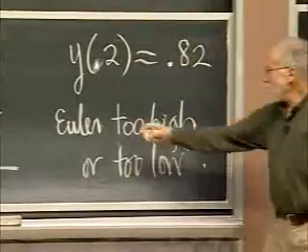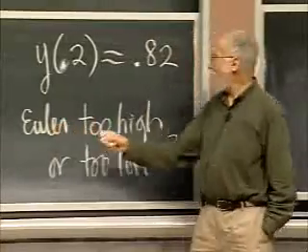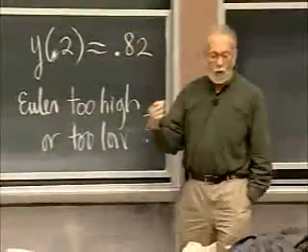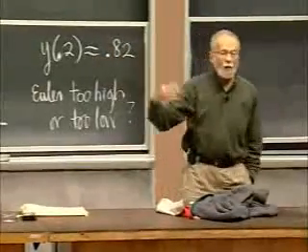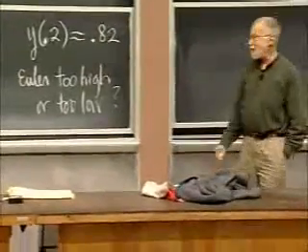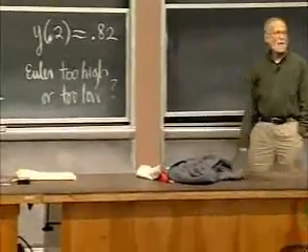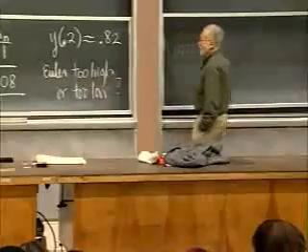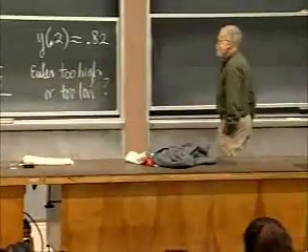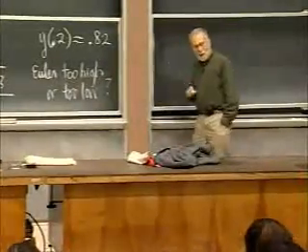In other words, is the result of using Euler's method, i.e., this number, too high or too low? Is it higher than the right answer, or is it lower than the right answer, or, God forbid, is it exactly right? It's almost never exactly right. That's not an option. And how will we answer that question?